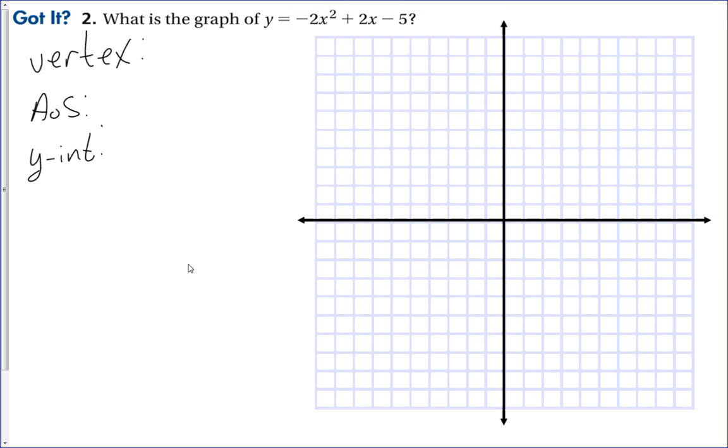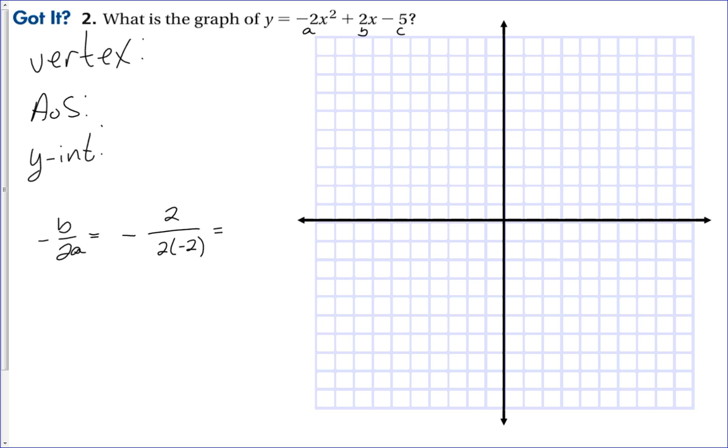All right, while you're doing that, I got me a coordinate grid out. So our vertex, or the x-coordinate of our vertex anyway, is negative b over 2a. We know that a is negative 2, b is 2, and c is negative 5. So negative b over 2a is simply negative b, well, I mean b, which is 2, over 2 times a, which is negative 2.